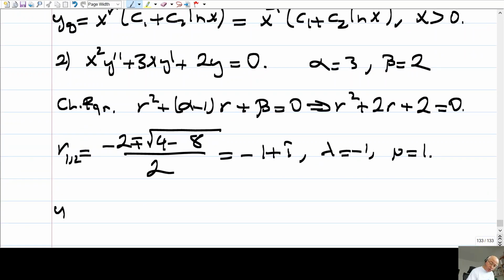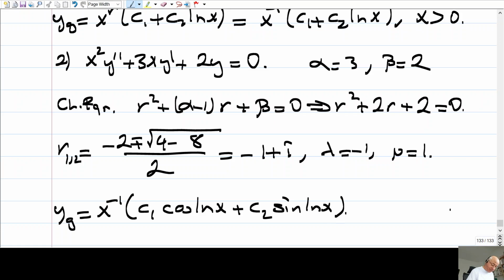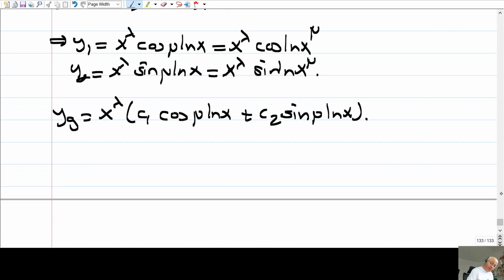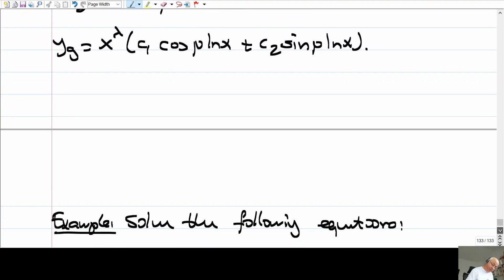Therefore, what is the solution? It is x to the power minus 1 times c1 cosine of ln x plus c2 sine of ln x, since mu is 1.